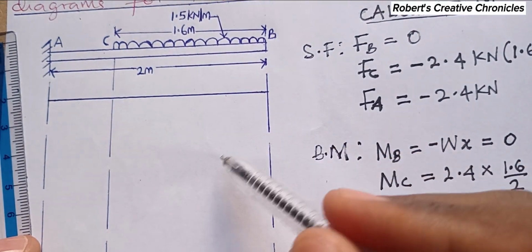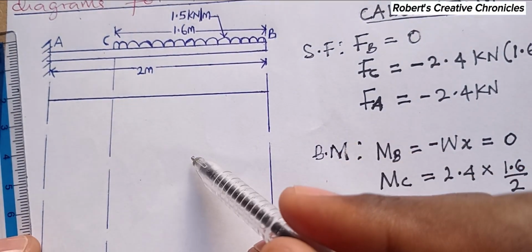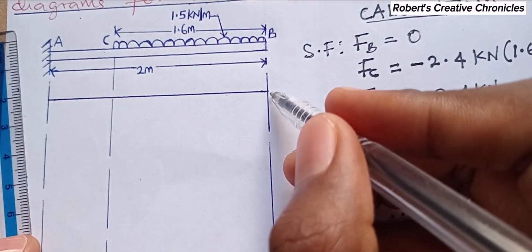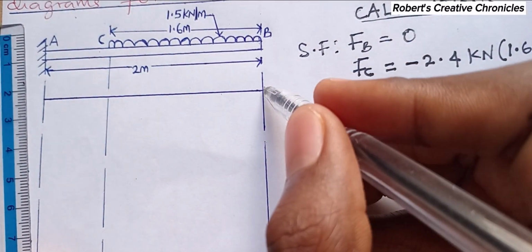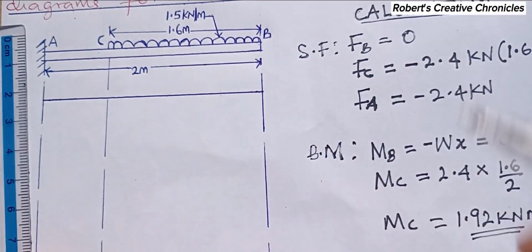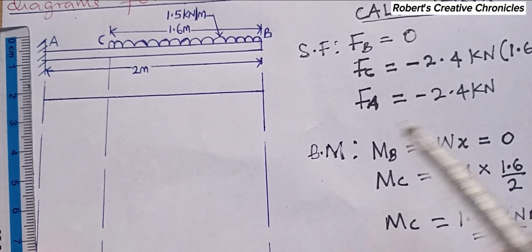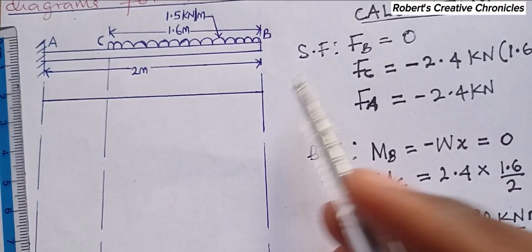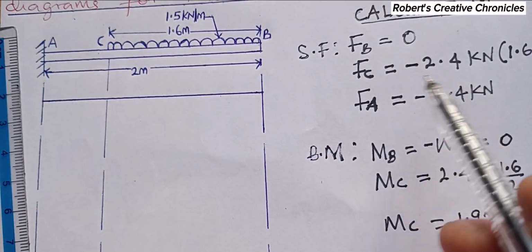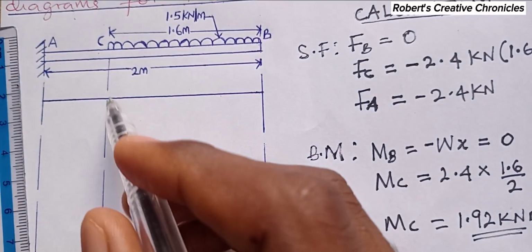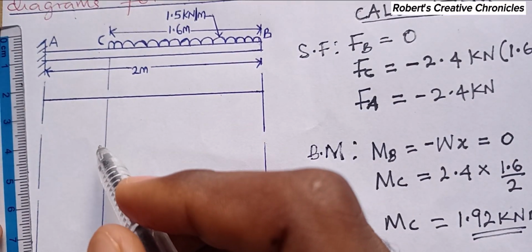From this point, with this UDL, the shear force at point B is 0. So now the shear force at point C is what? At B is 0. So at C is what? Negative 2.4 kilonewton. So at this point is negative 2.4 kilonewton.